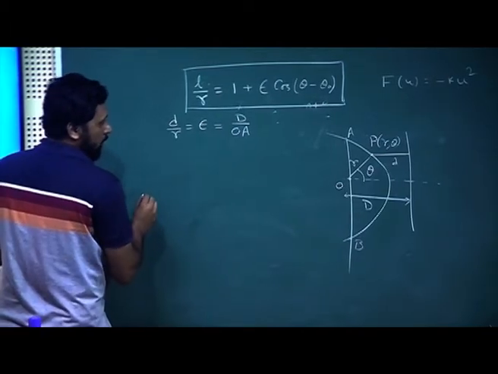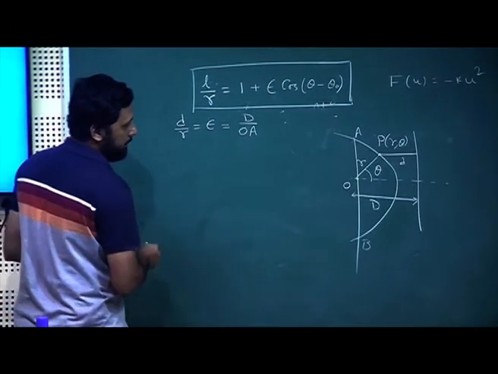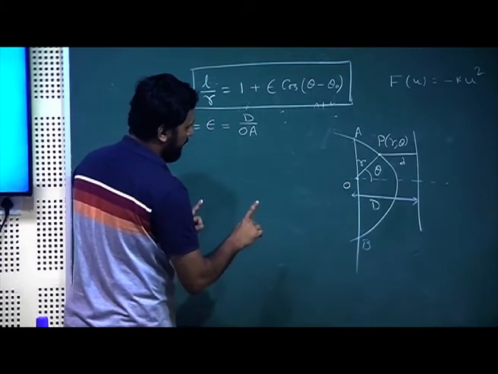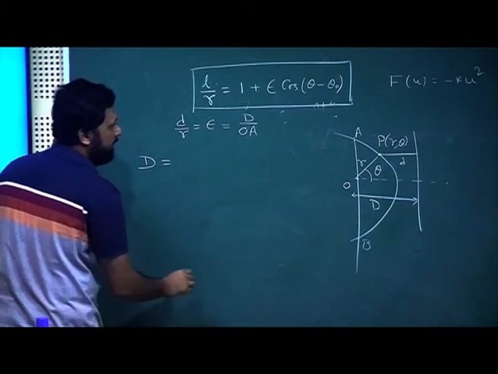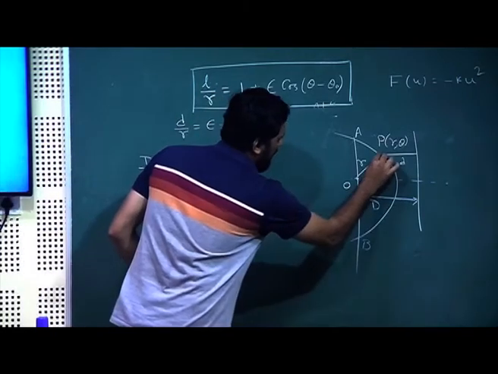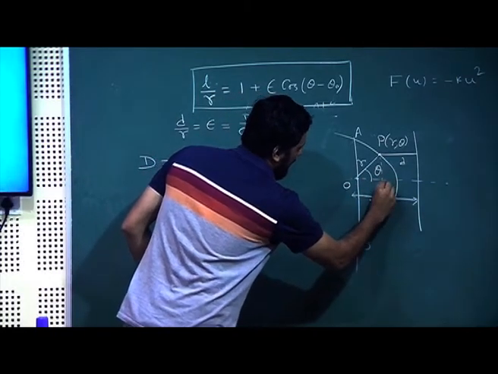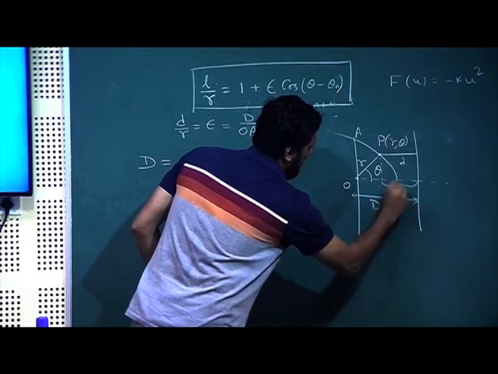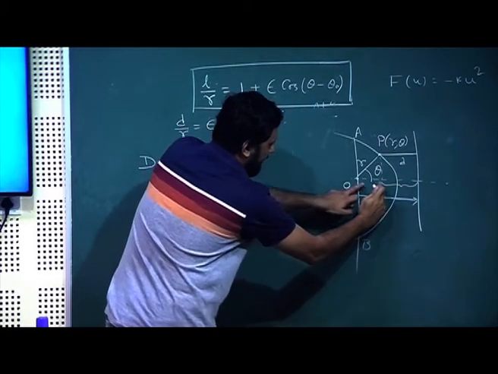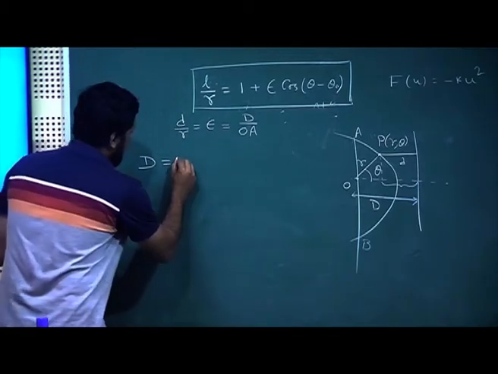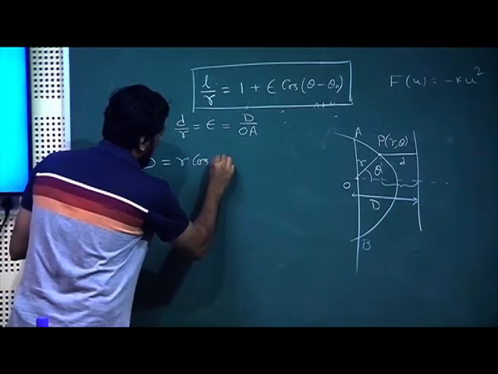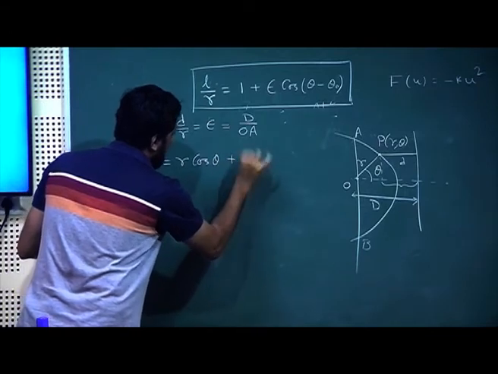Now, it is r cos theta plus d. Now, what is capital D? Once again, this length is small d and this length is r cos theta. So, capital D is equal to r cos theta plus d.